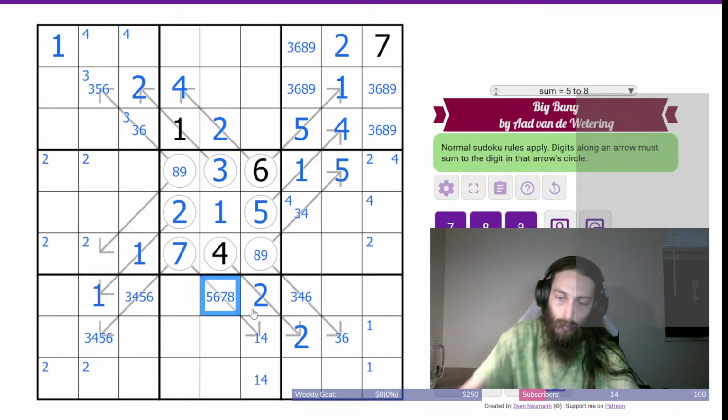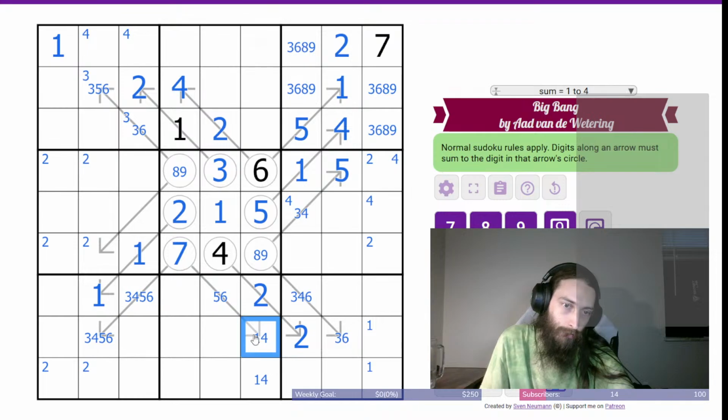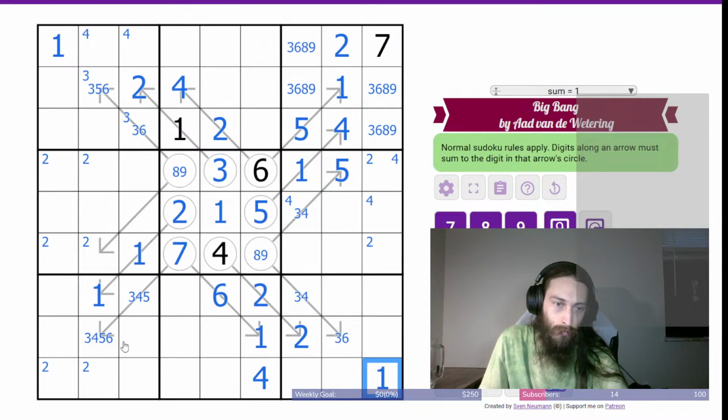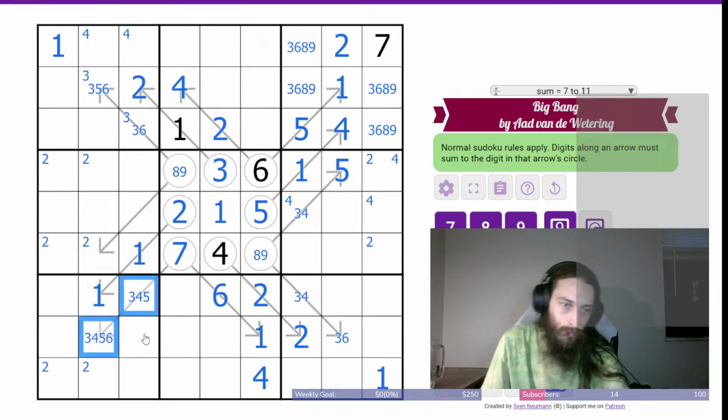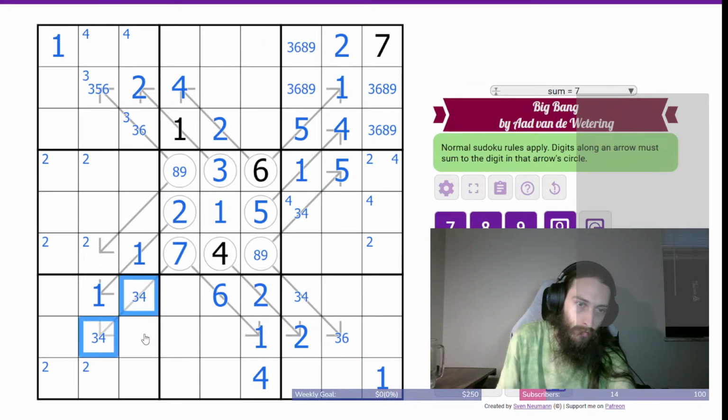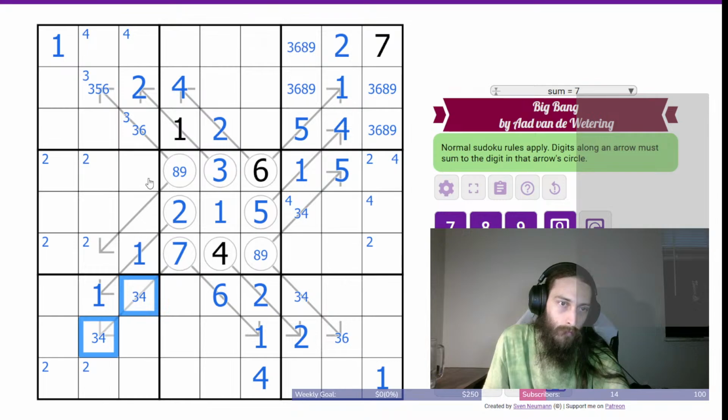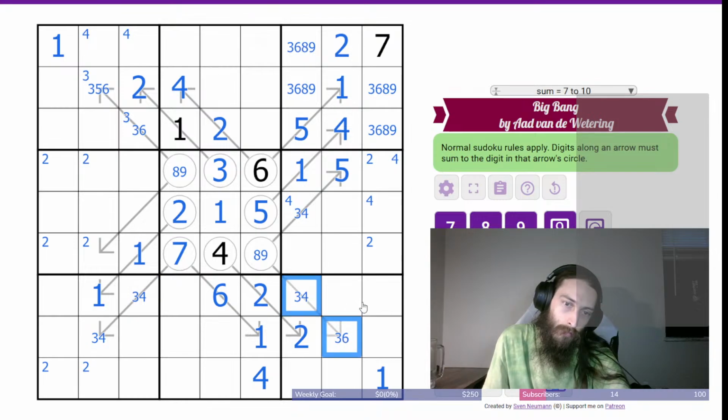Which is going to take out 7 and 8 from this one. 4 can't pair with the 3. And that has to be a 3, 4 pair in box 7. This 4 would have to pair with a 3, because it can't be 4, 6.